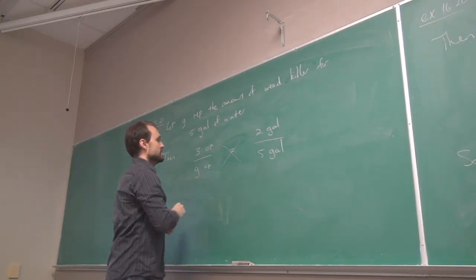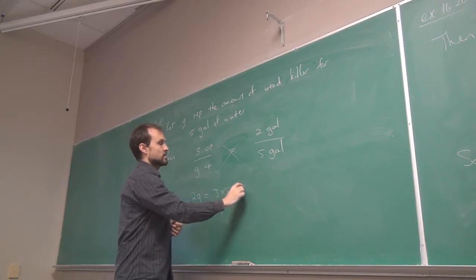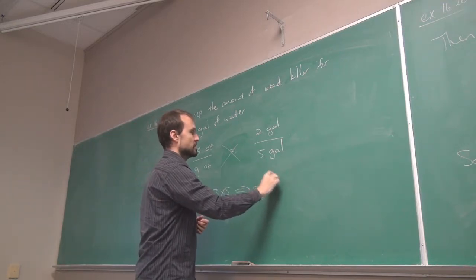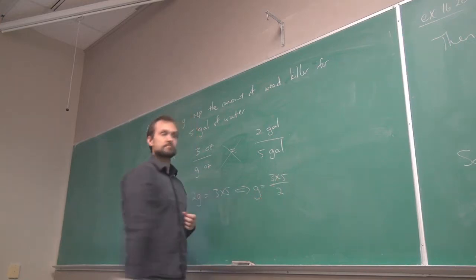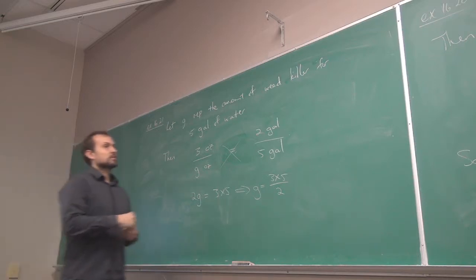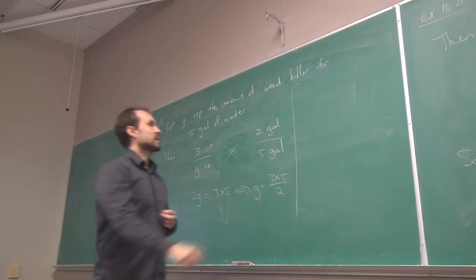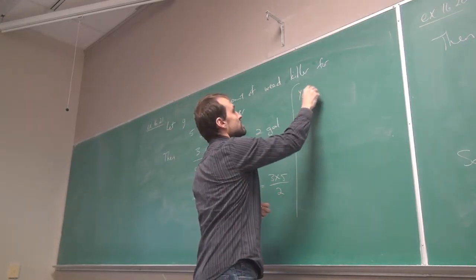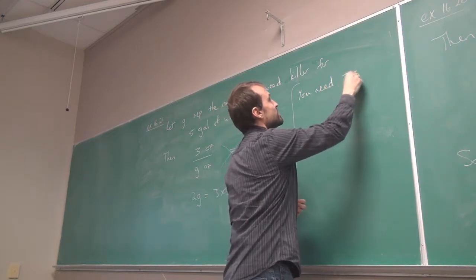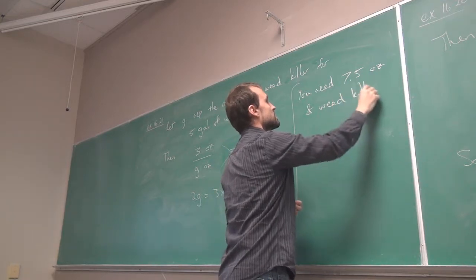Cross multiply, 2G equals 3 times 5, so G equals 3 times 5 over 2. Again, not the only way, but I want a surefire, systematic way when I have no idea what to do. So I get 15 over 2, 7.5. So you need 7.5, let's say, ounces of weed killer.